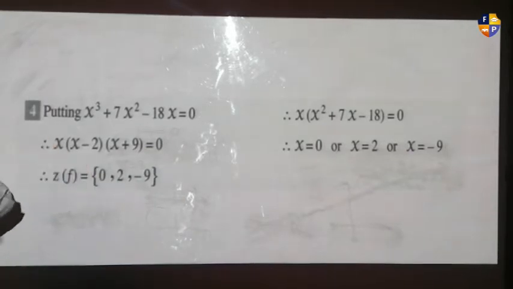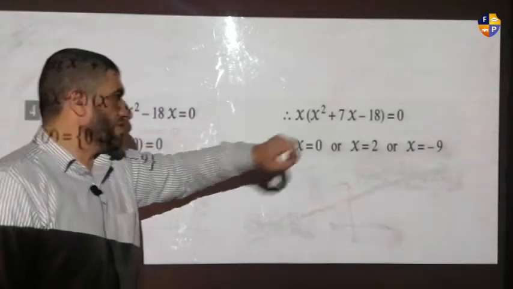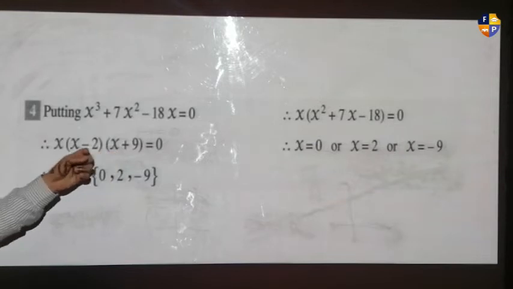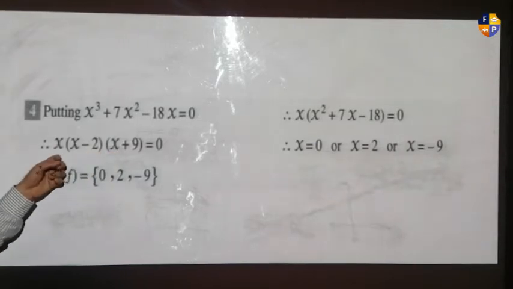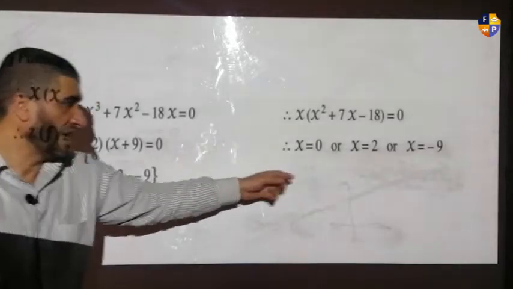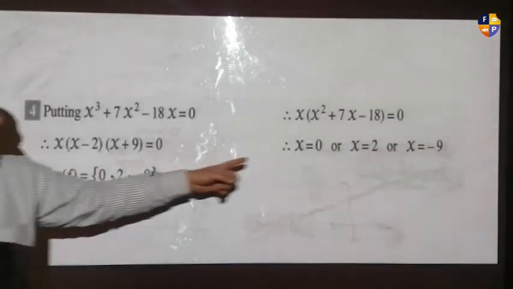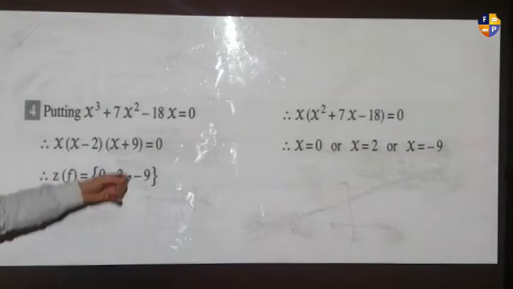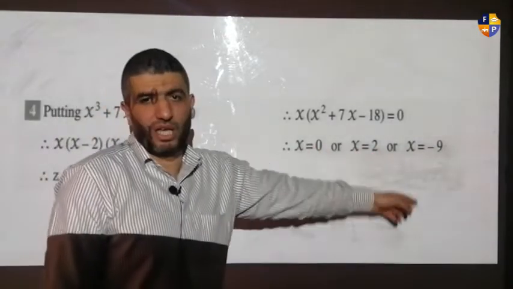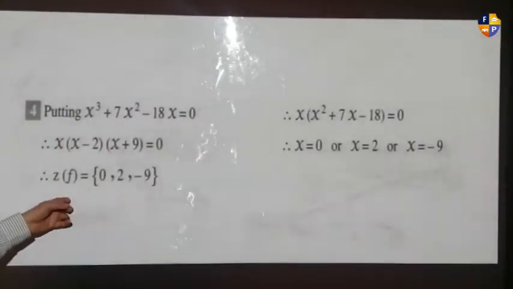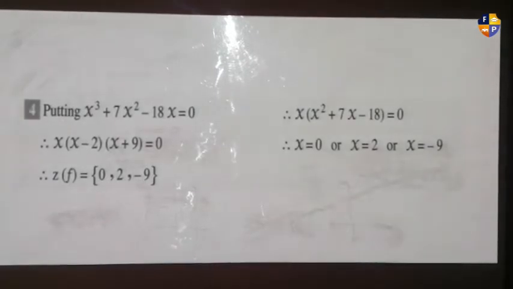And the greater sign is the middle term. x plus 9 and x minus 2. This is the 3 terms equals 0. If the first equals 0, then x equals 0. If the second equals 0, then x equals 2. If the third equals 0, then x equals negative 9. z of f equals 0, 2, and negative 9.